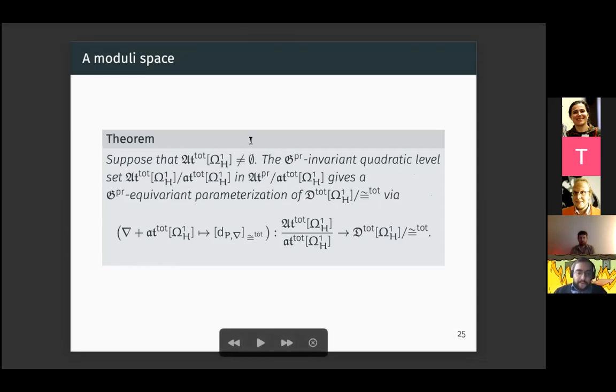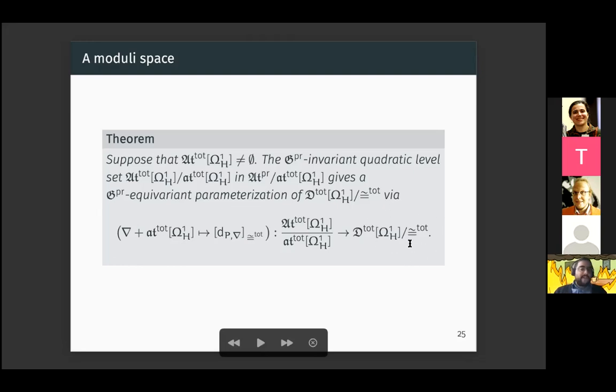Suppose there exists a totally prolongable gauge potential, then we have a nice moduli space of all of these prolongable total calculi up to isomorphism, and it's given by a certain gauge invariant affine quadratic level set in this affine space. And what's the bijection? It maps the affine subspace of your connection, a gauge potential nabla, to the isomorphism class of the corresponding total derivative.